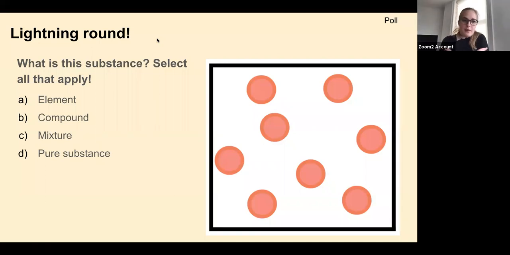Is this an element, compound, mixture, or pure substance? If I could have this poll up, Ms. McGinley. Perfect. Thank you. And remember, it might fit into more than one category, so you can select all of the options that you think apply.